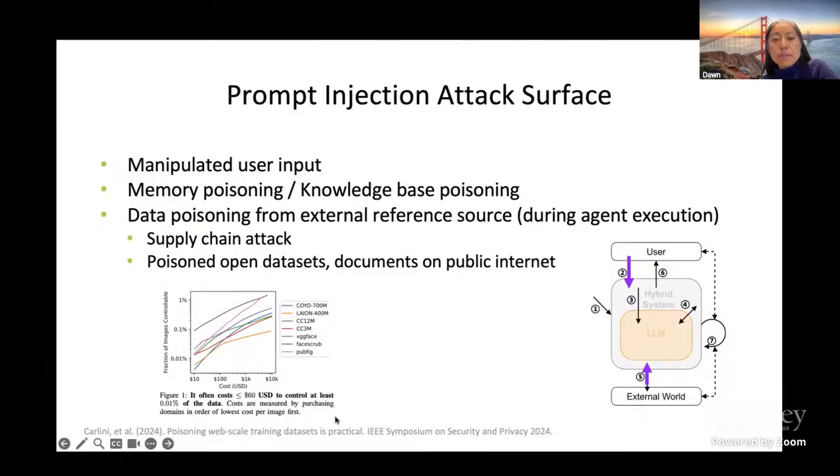Researchers' work has also shown that it can be fairly practical for attackers to poison web-scale training datasets, in this case to embed a poisoned backdoor in the large language model as well.